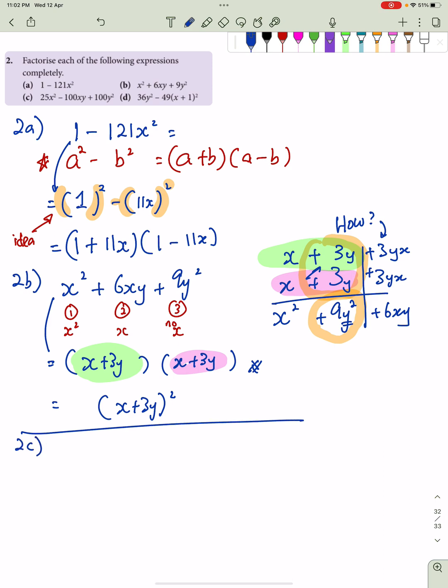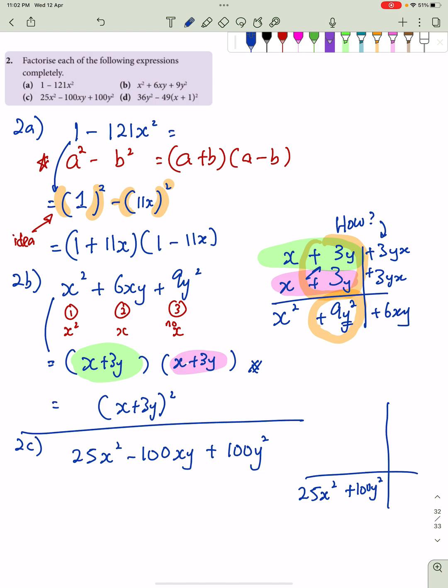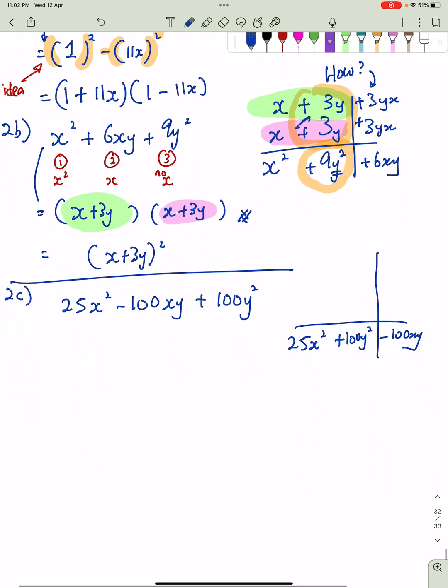So for 2c, I want to have 25x squared, I want to have 100xy, I want to have 100y squared. So same concept, I know that I have to use cross factorization. So then I need to know what I need to put in here, right?